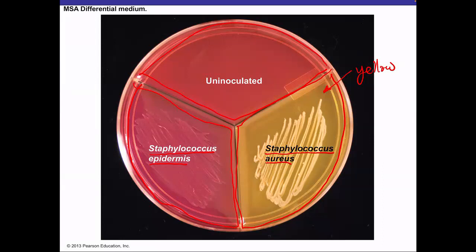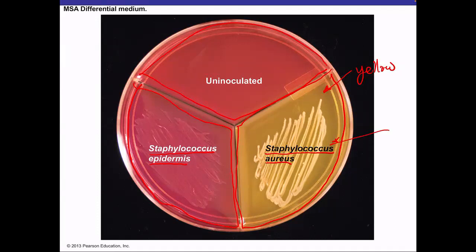So basically, to summarize here, if an organism can ferment mannitol, an acidic byproduct is formed, and that causes the phenol red in the agar to turn yellow. It is used for the selective isolation of presumptive pathogenic Staphylococcus species, like Staphylococcus aureus.